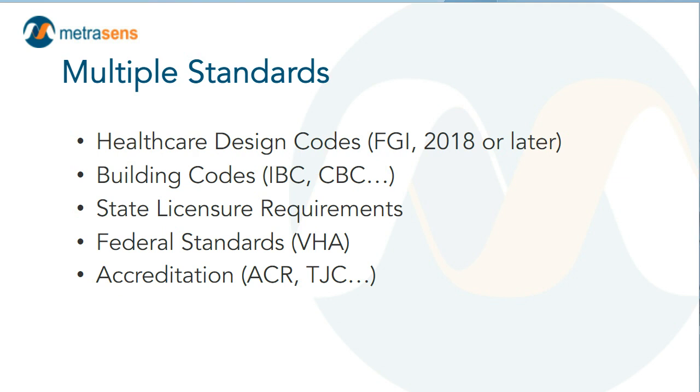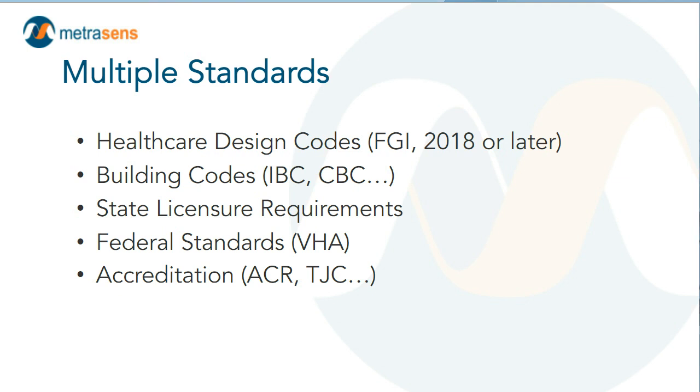Building codes: International Building Code, Canadian Building Code, California Building Code. There are lots of different generalized building codes that have hospital and healthcare criteria. State licensure requirements: your state license may have its own design and construction requirements. More than likely, it invokes one of the two above, healthcare design codes and building codes, and maybe mixes it up a little bit of homebrew, a little bit of standard.